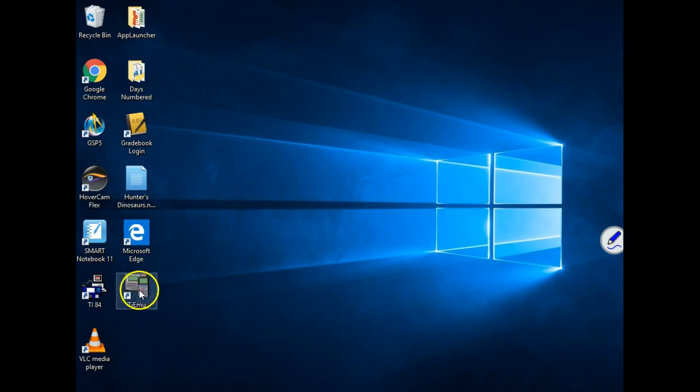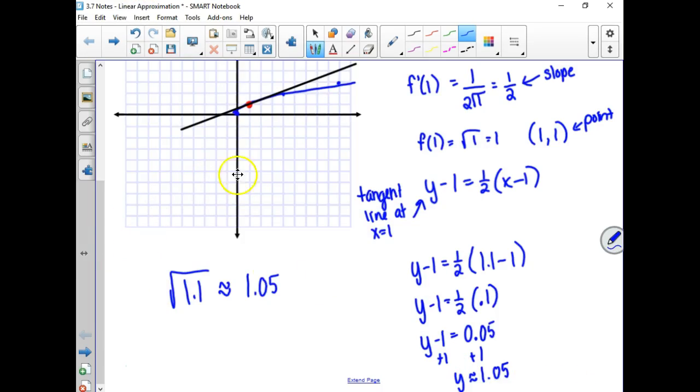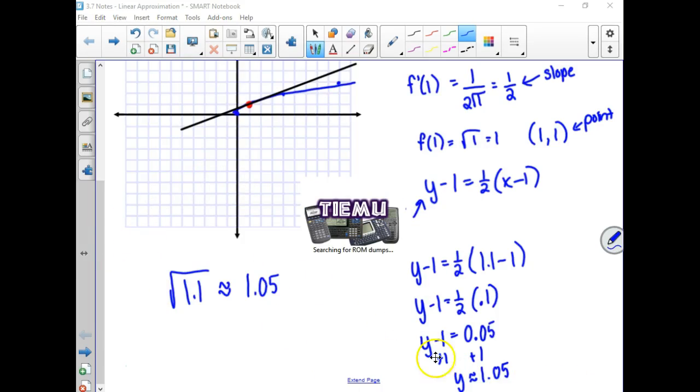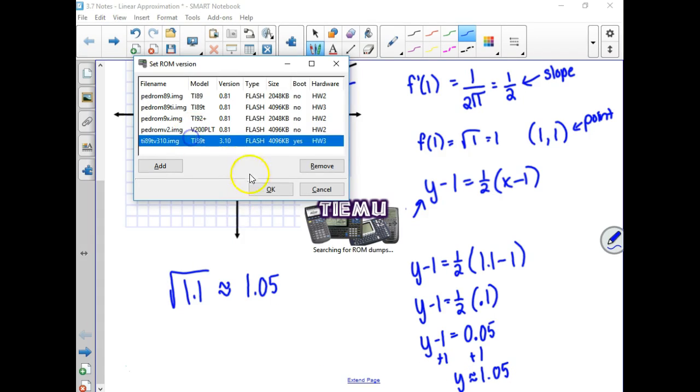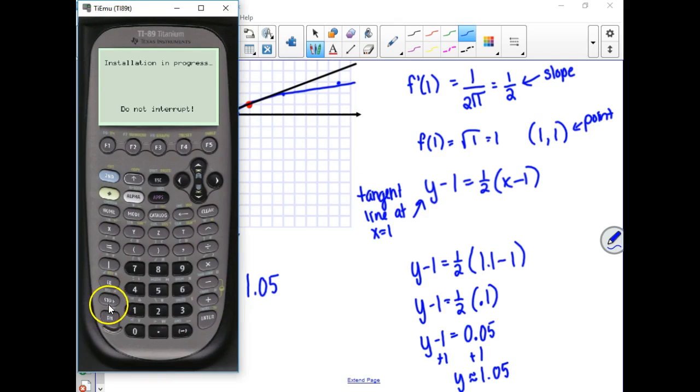If we get our calculator and just type in the square root of 1.1. See, we're pretty close.